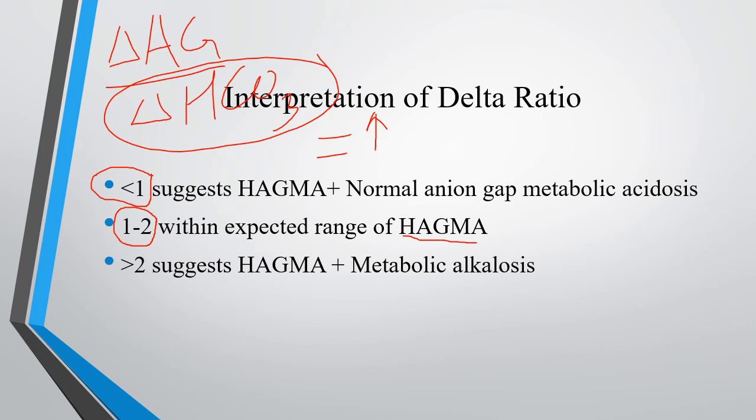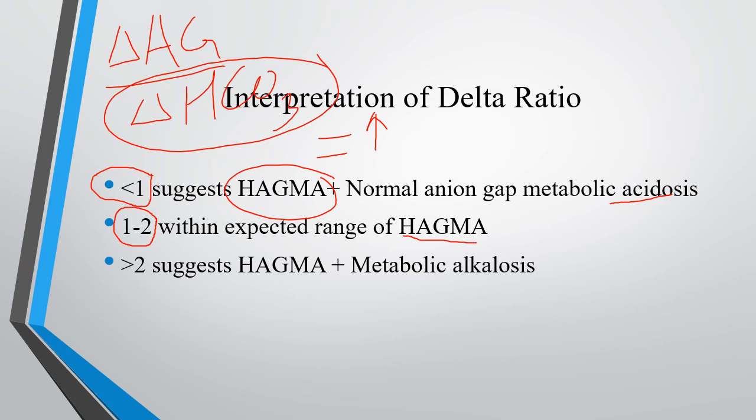You're basically getting an increased loss of bicarbonate somehow. How will that happen? This will happen if there's a high anion gap metabolic acidosis together with a normal anion gap metabolic acidosis. Together these two processes will deplete the bicarbonate, making a large change in the value of the delta bicarbonate.